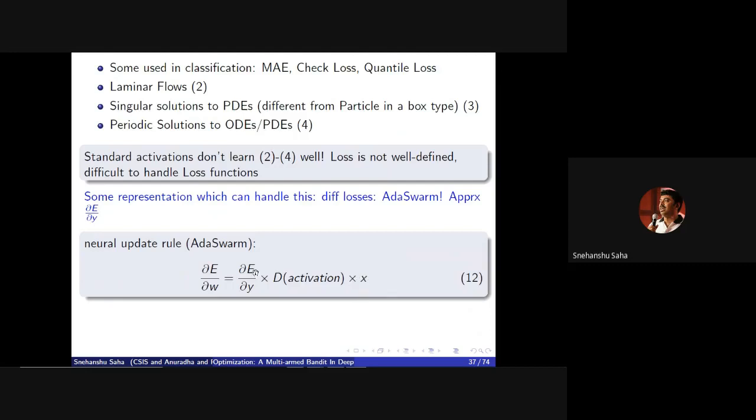This loss could be mean square error, binary cross entropy or cross entropy, mean absolute error, check loss, it could be anything in principle. That gives us a handle on different kinds of loss functions.